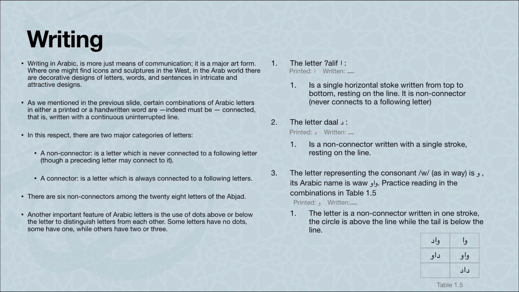Okay, so writing. As we said before, letters in Arabic are different when it comes to writing, as they assume different shapes. Before we start about the shapes, there's a small introduction: in the Arab world, due to religious reasons, painting religious icons is forbidden.